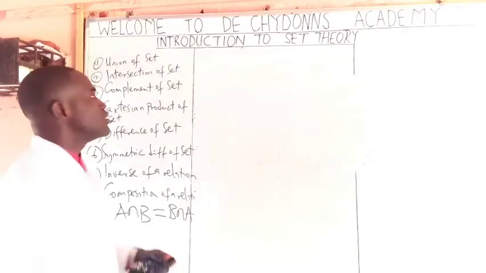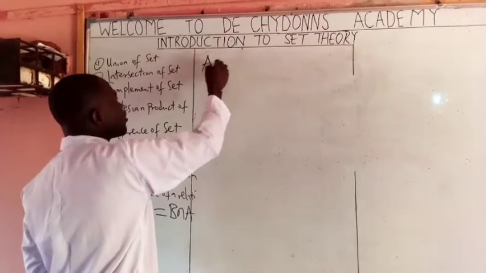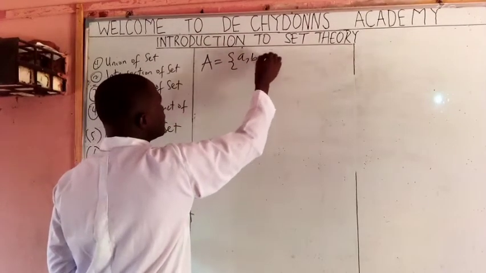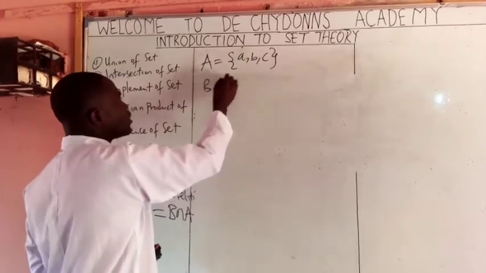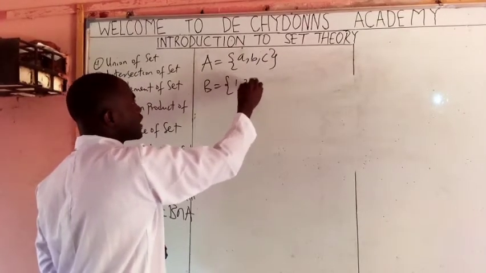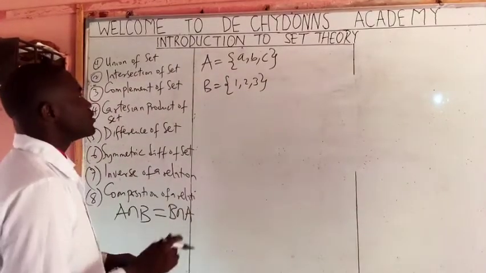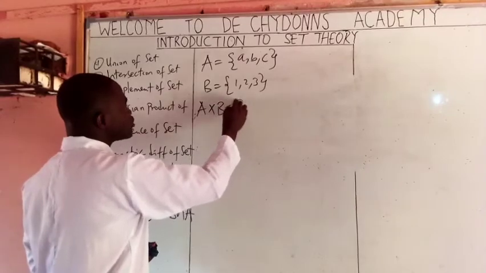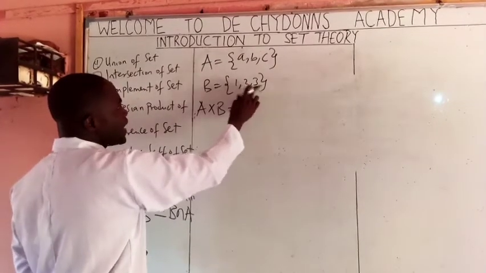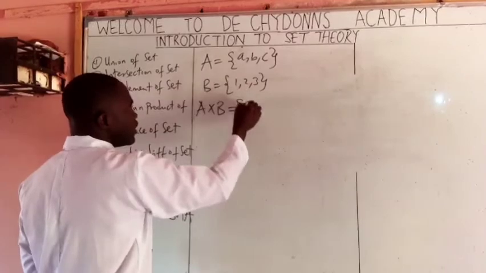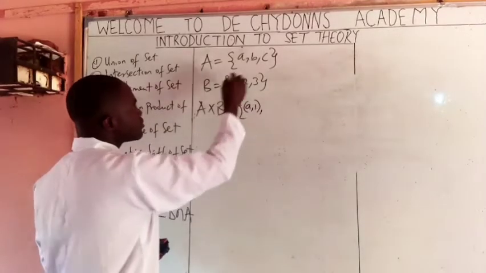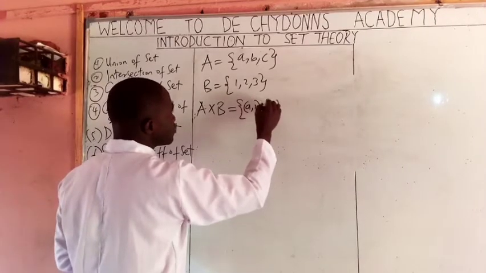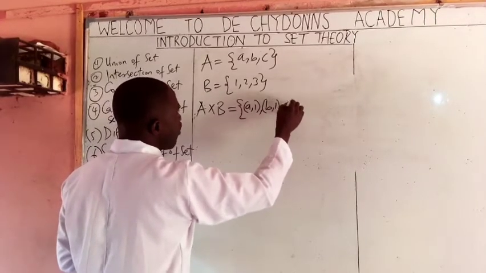It simply means that when you are given set A equals A, B, C, and set B equals 1, 2, 3, then A cross B is equal to, use the first element to multiply each of the elements this way: A, 1; B, 1; C, 1.